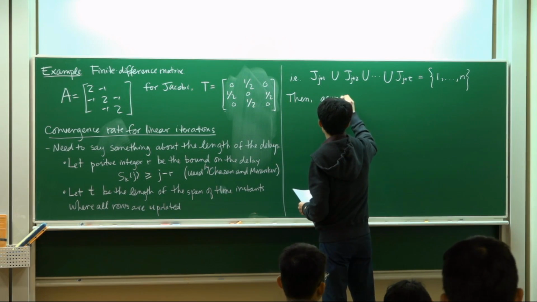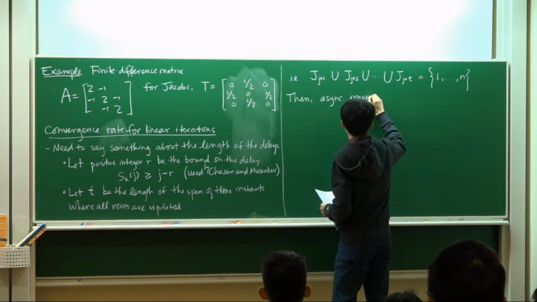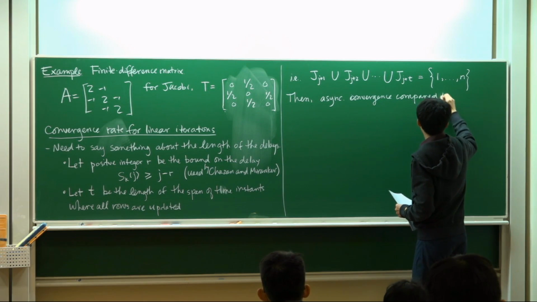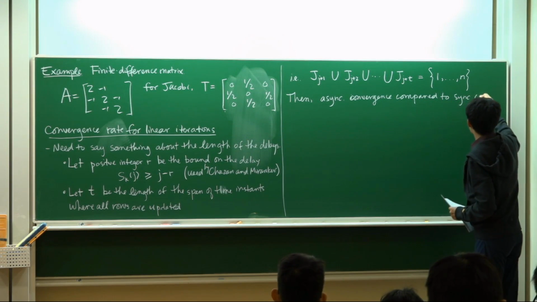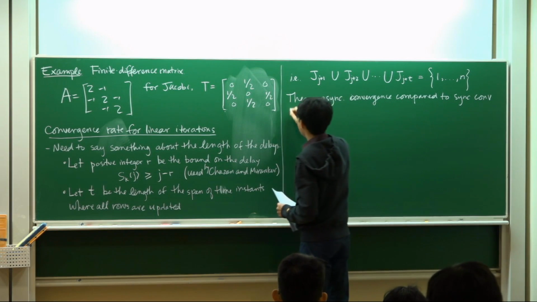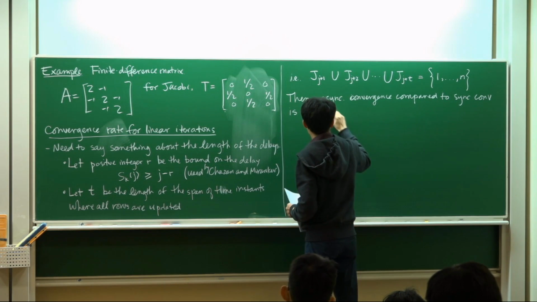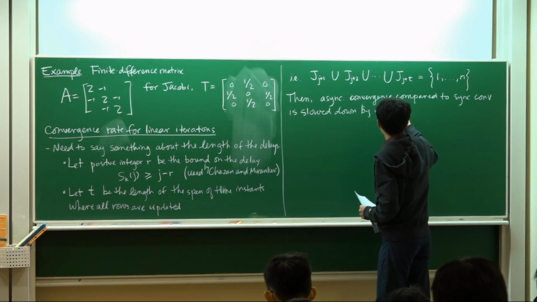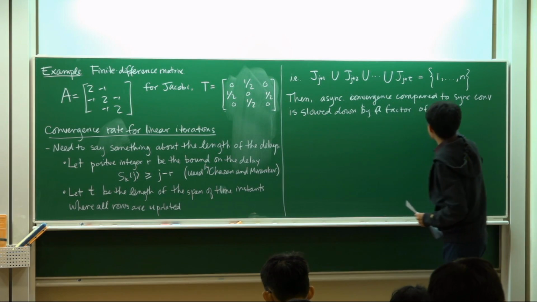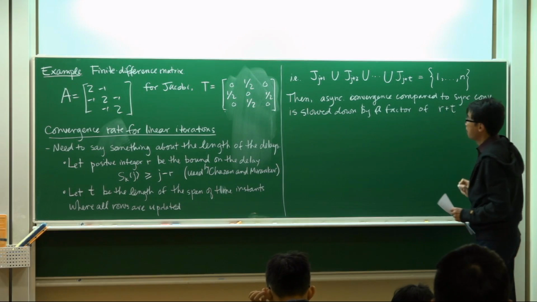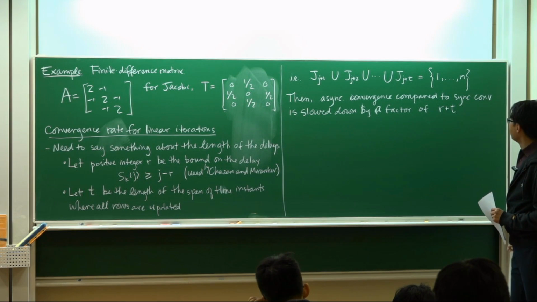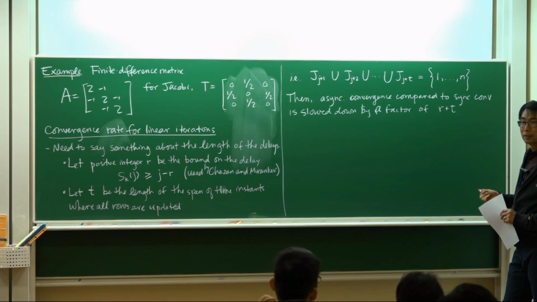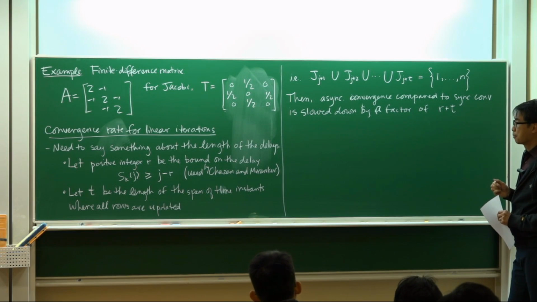Asynchronous convergence compared to synchronous convergence is slowed down by a factor of r plus t. It's reasonable to add these things together because both of these are a count of the number of time instants.